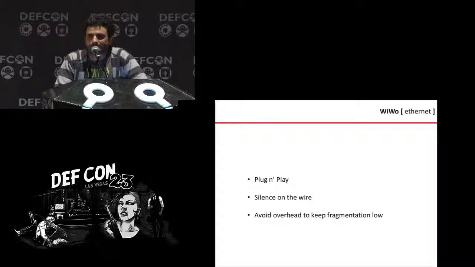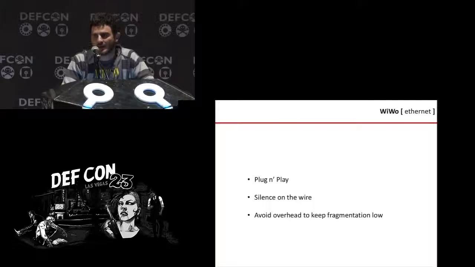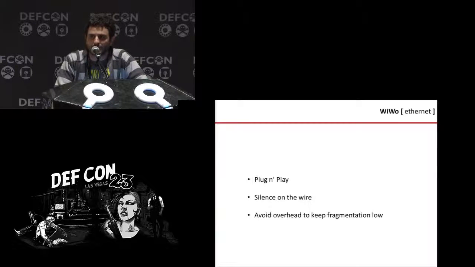Then Ethernet has an MTU of 1,500 bytes, and it has a very short header, much shorter than IP. So we have more bytes available for our stuff. Doing that, we can keep fragmentation low.